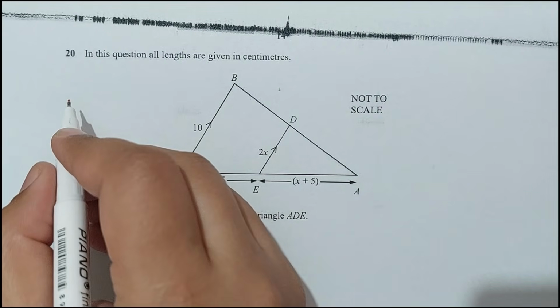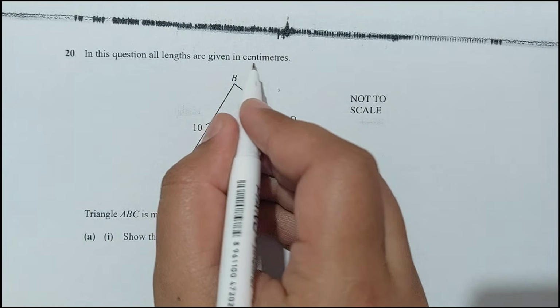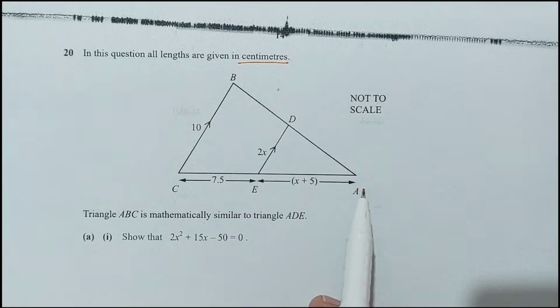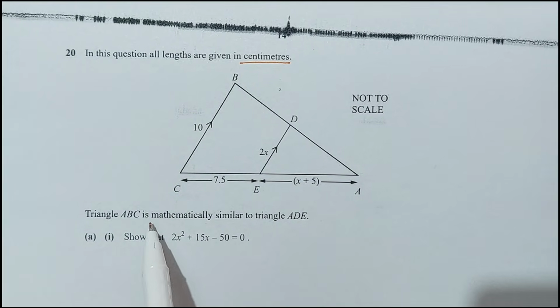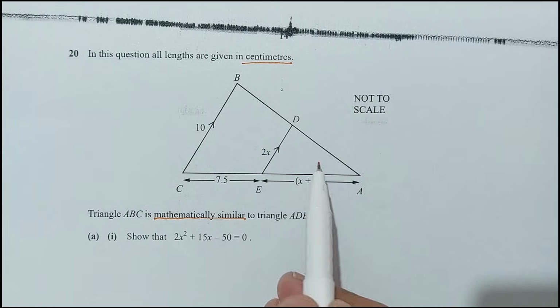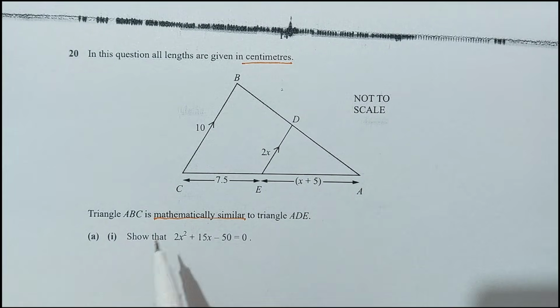Question number 20. In this question, all lengths are given in centimeters. Triangle ABC is mathematically similar to triangle ADE. Number 1, show that 2x squared plus 15x minus 50 equals 0.